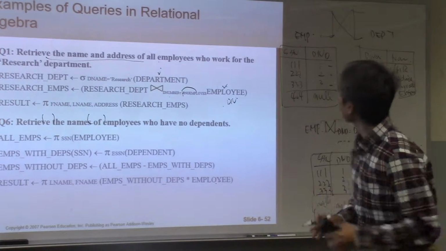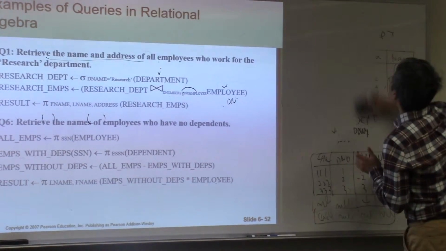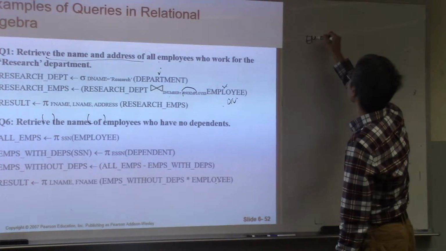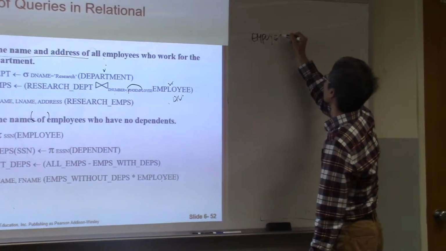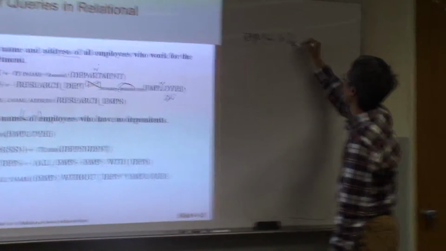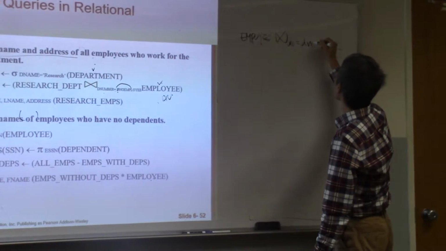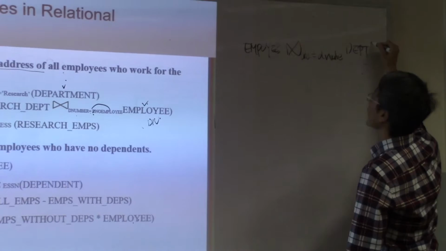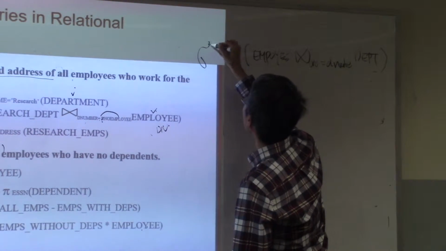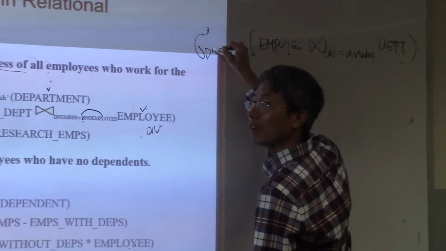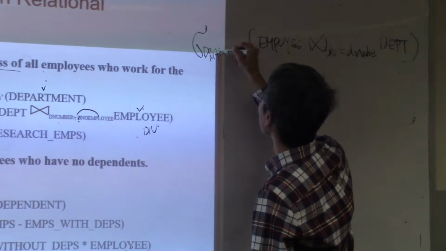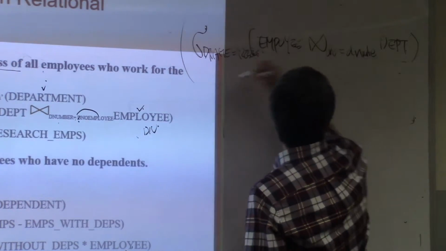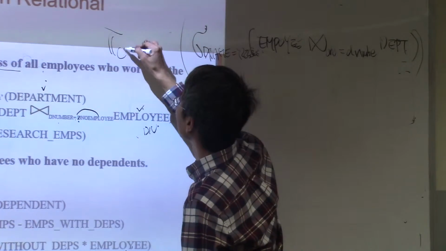Somebody may be curious: I don't want such a complicated one. Instead, employee join with DNO equal to D number department. Okay? Then D name is research. Then project.